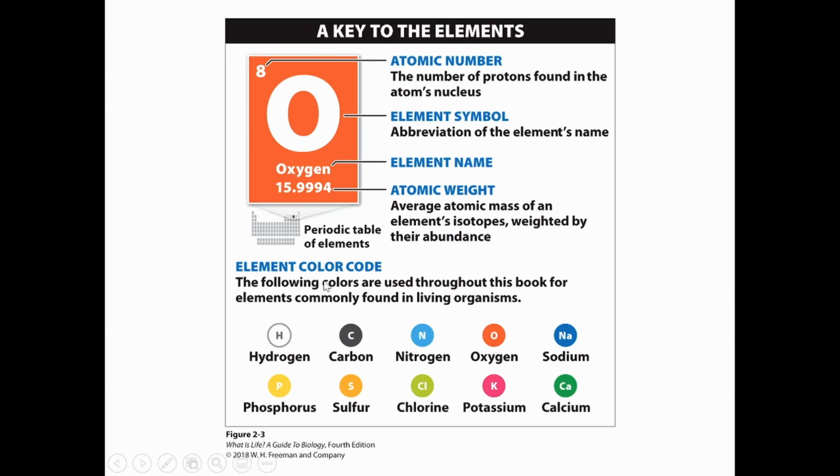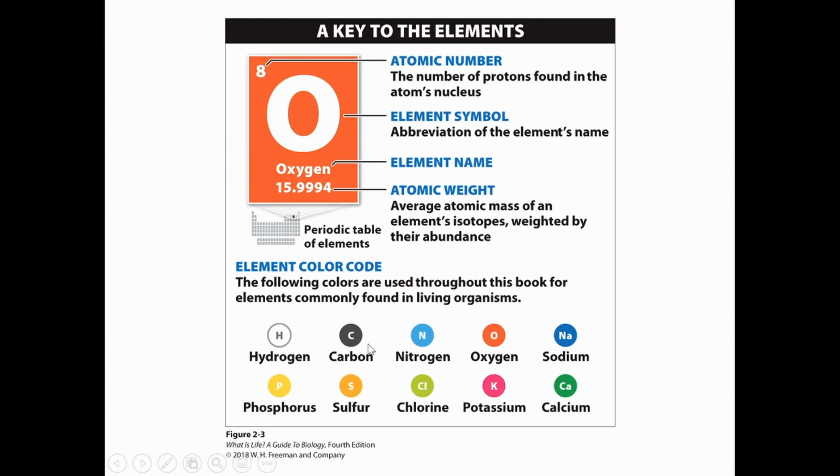And then for color coding, these colors are used for the book. This is not something that's necessarily on a periodic table, but these are some of the really common elements that we find in living organisms, and this is how your book will color code them.